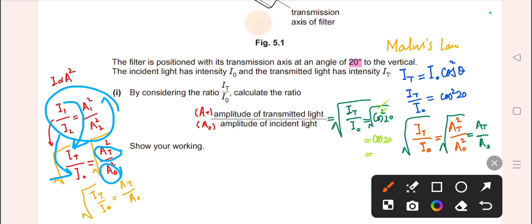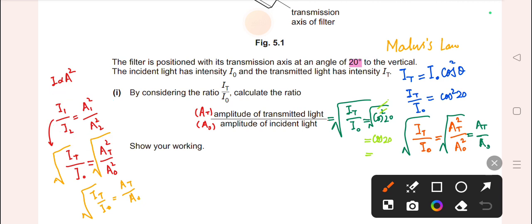As we have to find the ratio of amplitudes, we will take the square root of both sides here, right? So in other words, we get the ratio of amplitudes is equal to the square root of the ratio of intensities. If the intensity is proportional to the square of amplitude, in other words, the amplitude is proportional to the square root of intensity. So this is what we have written here.